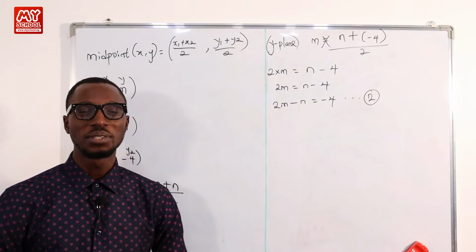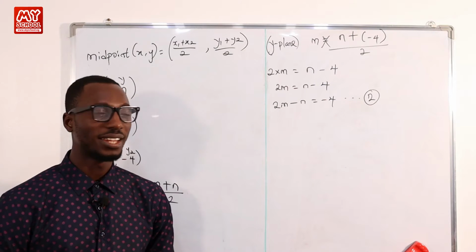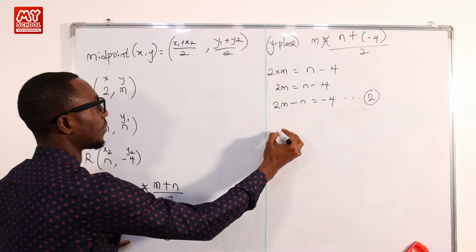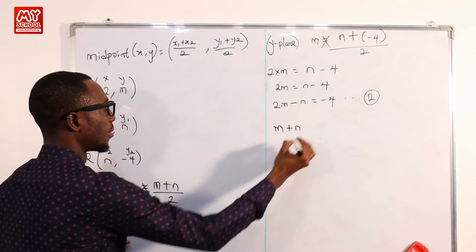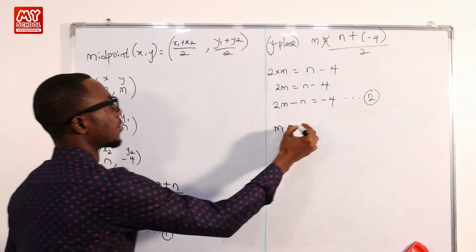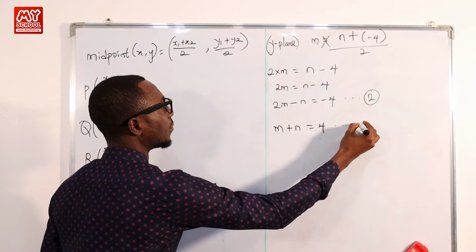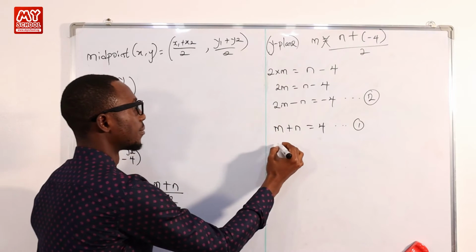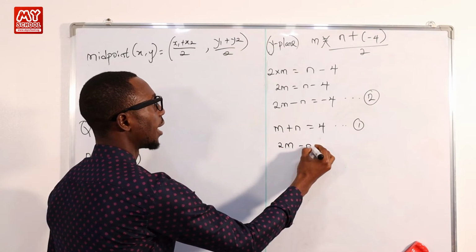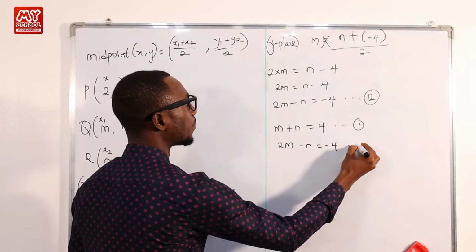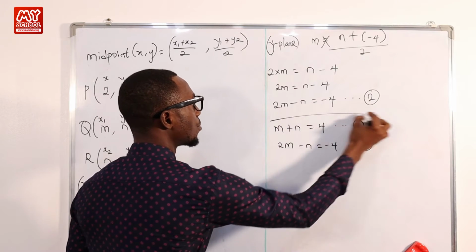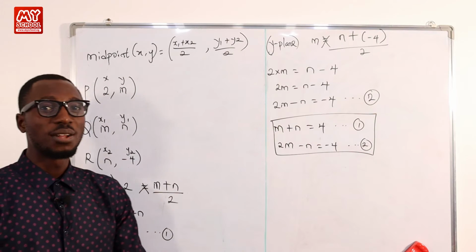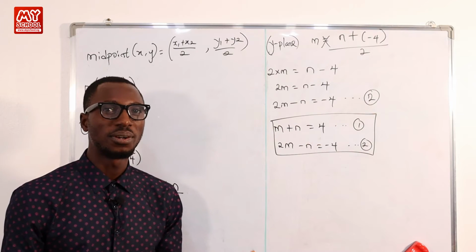Alright, so let's pull equation 1 and 2 together. So we have equation 1 from here: m plus n equals 4. Then equation 2: 2m minus n equals minus 4. So this gives us a simultaneous equation. We are allowed to use the substitution method or the elimination method.